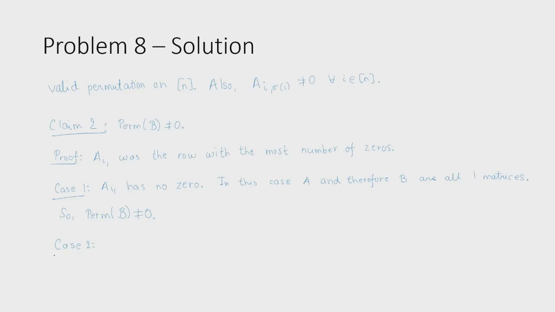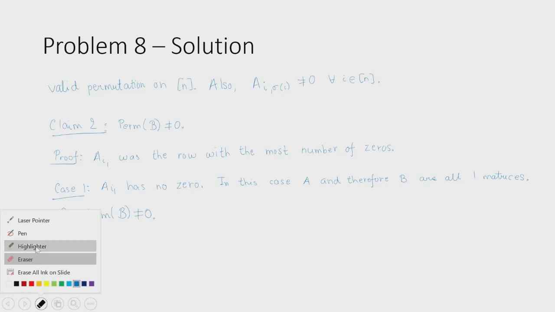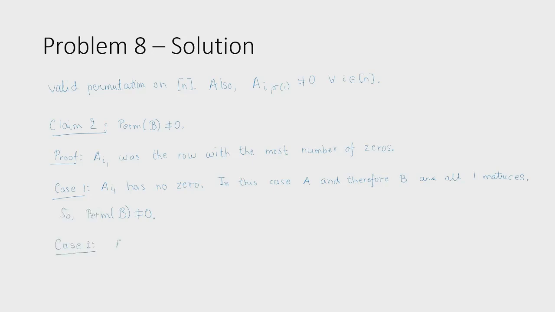Now, case 2 is this. Row I1 has at least one zero. Now, we obtained B by removing the I1th row from A. So in doing so, we would have also removed all the zeros that occur in this row, right?